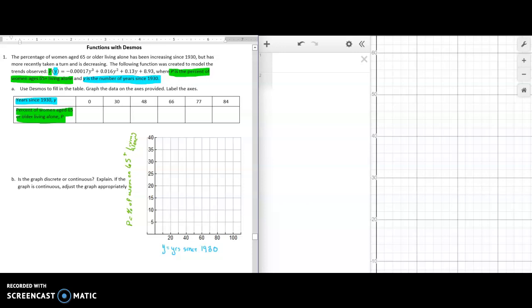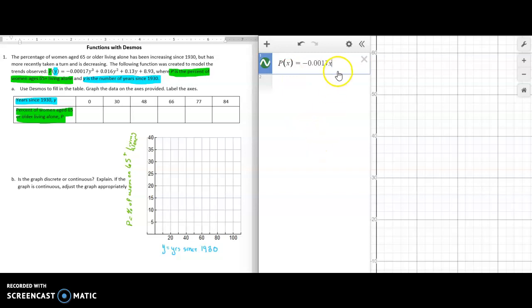Now we're going to go to Desmos, and we're going to have Desmos fill in our table. Again, as we've been doing all along, Desmos only understands X as the input letter, but it can have any output letter. So for this case, we're going to do P of X equals, and then again, we've got to be careful typing this in.